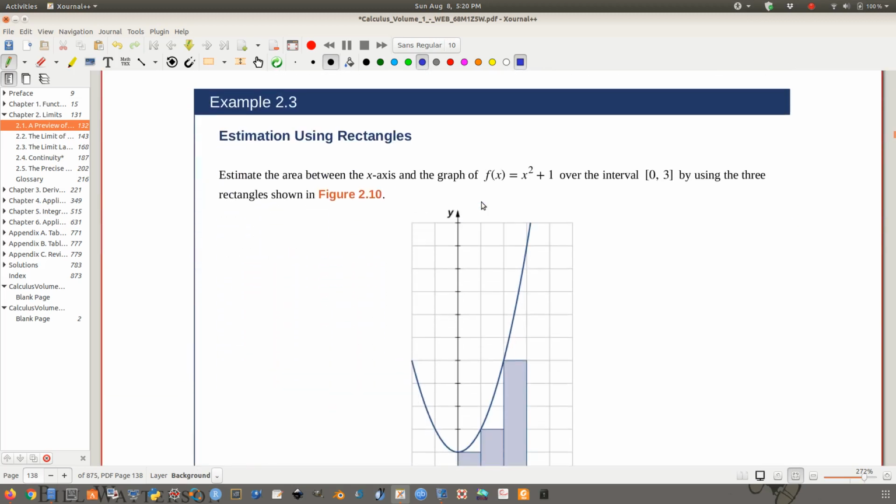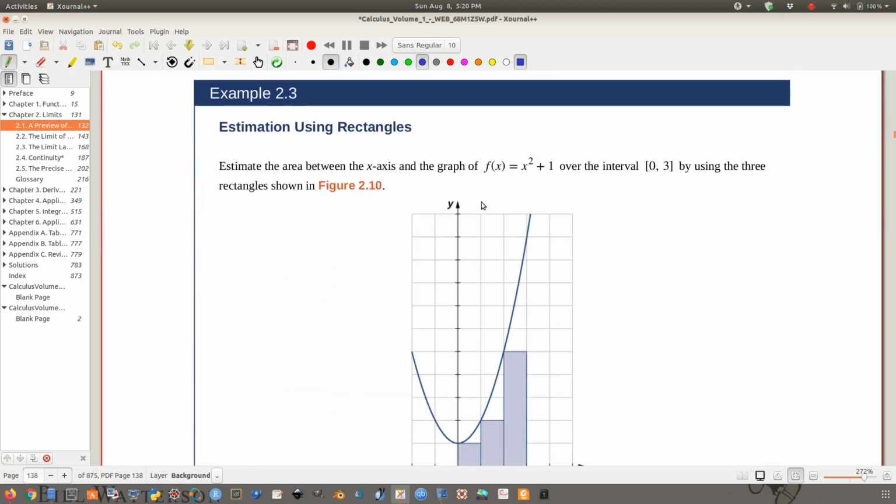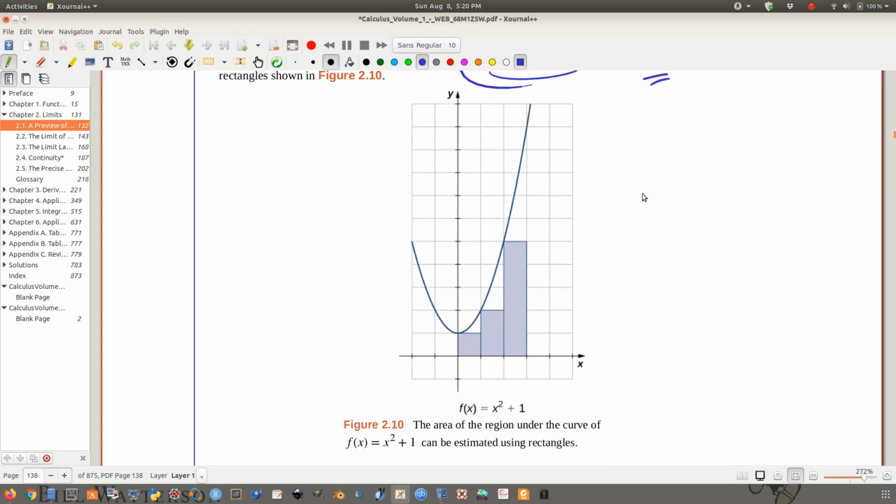That's integral calculus. So for example, estimate the area of the function x squared plus 1 in the interval 0, 3 using this partition of the interval from 0 to 3. We just made this big partition of the interval. So we'll say, okay, we are taking the value of the function at this point, and this point, and making rectangles.